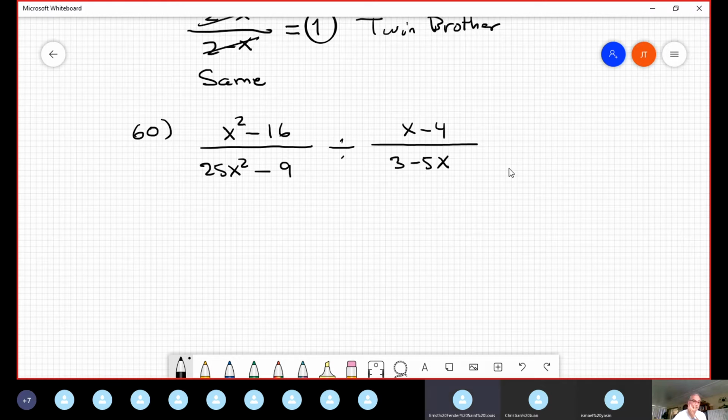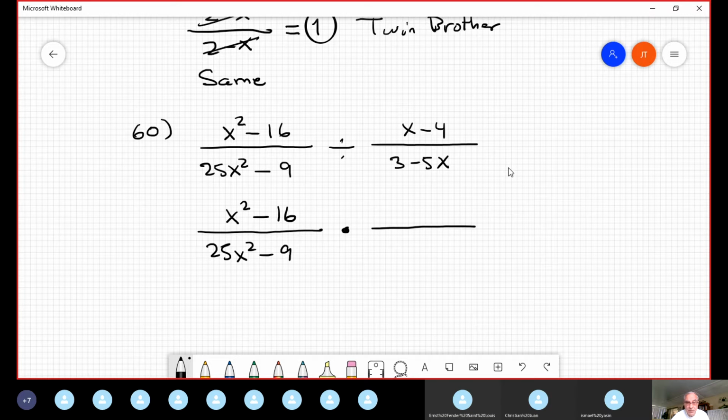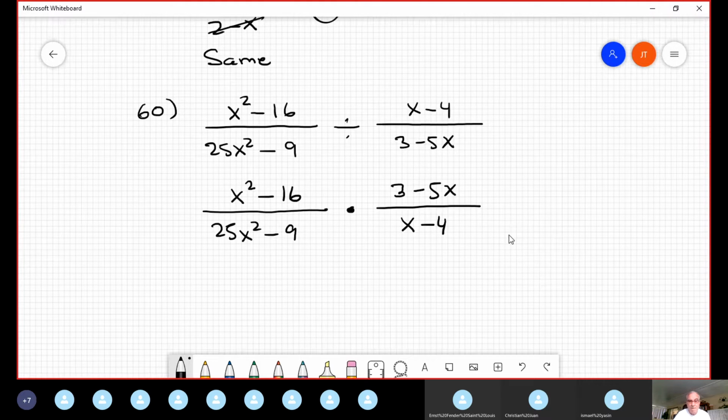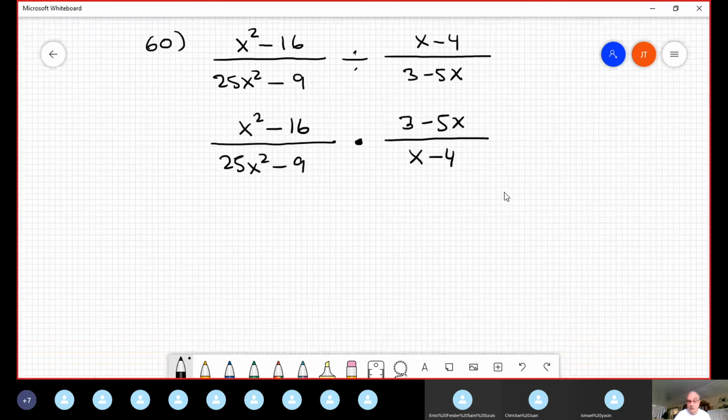Okay, ready? Exactly, mister. That's the first thing you should do. Super. 25 x squared minus 9 times 3 minus 5x and x minus 4. Super. Now let's do the factorization step by step, one by one, each expression.